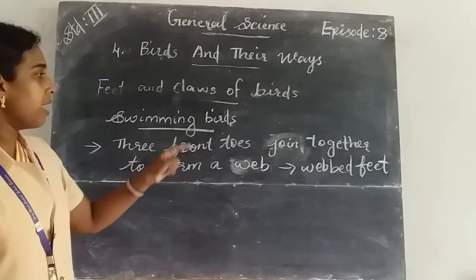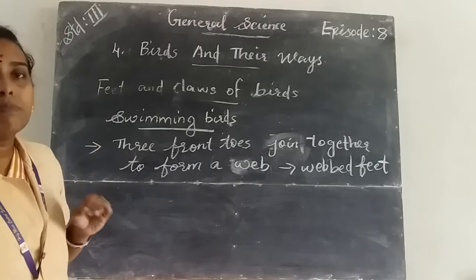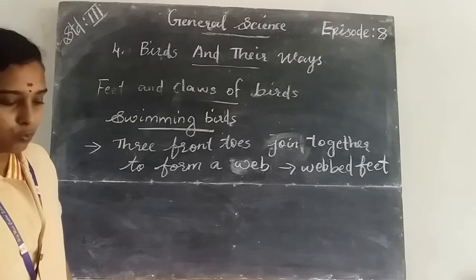So the three front toes join together to form a web, and it is called webbed feet. The webbed feet of a swimming bird help them to swim on the water.